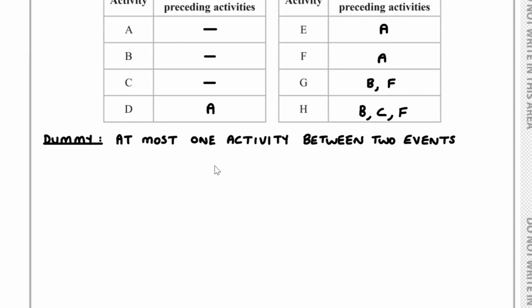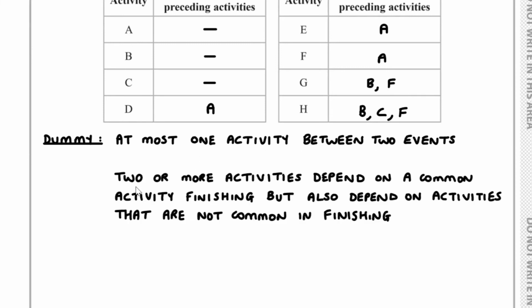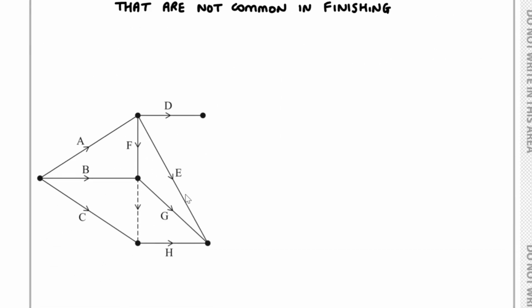The first condition, we have at most 1 activity between 2 events. The other condition, 2 or more activities depend on a common activity finishing, but also depend on activities that are not common in finishing. So we use a dummy when either of these conditions are satisfied.